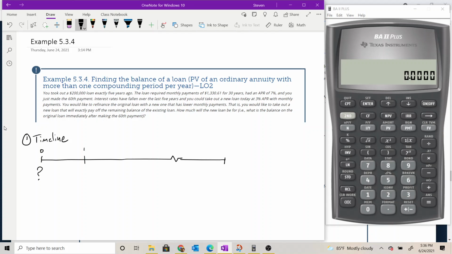So 1 month from today, remember we've just made the 60th payment, we would make the 61st payment 1 month from now. So this 1 is actually 5 years and 1 month into the loan. I'm going to look at this from the perspective of the borrower, so it's going to be a cash outflow of $1,330.61.